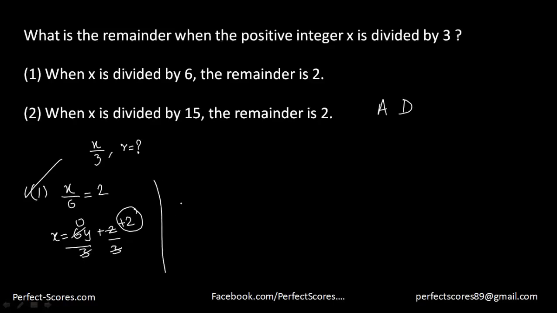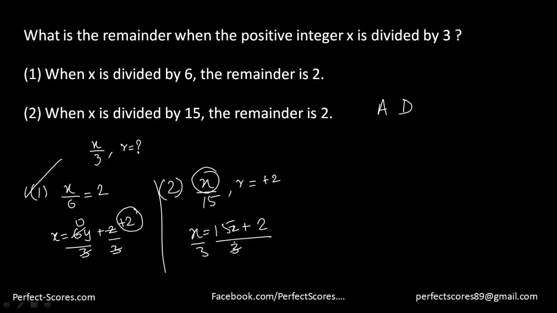It's either answer option A or answer option D. Let's see the second statement. It says that when x is divided by 15, the remainder is plus 2. So that means x is equal to 15 into something plus 2. Again, if I divide this whole by 3, from here I'm going to have a 0 remainder, and from here I'm going to have a plus 2 remainder.